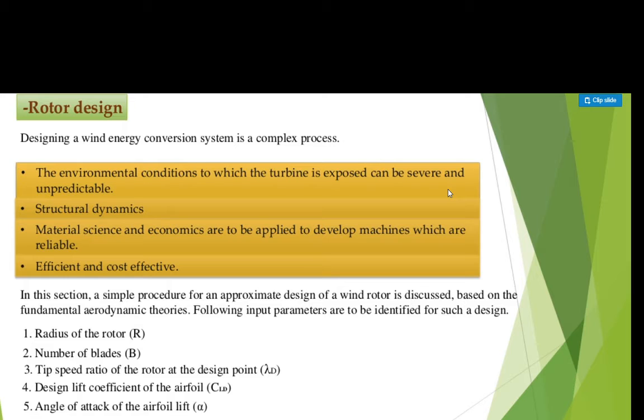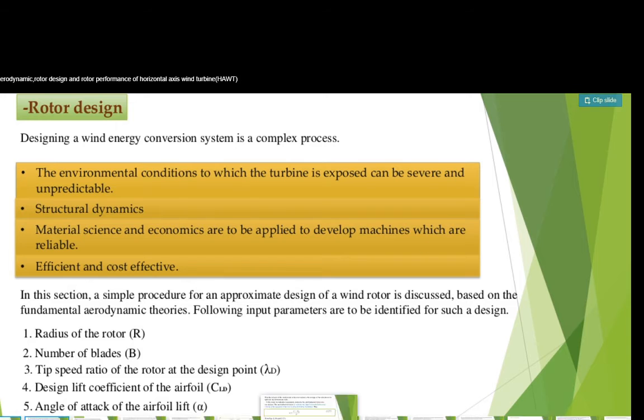In this section, a simple procedure for an approximate design of a wind rotor is discussed. Based on the fundamental aerodynamic theory, the following parameters are to be identified for such a design: radius of the rotor R, number of blades B, tip speed ratio of the rotor at design λD, design lift coefficient of the aerofoil, and angle of attack of the aerofoil at design lift.